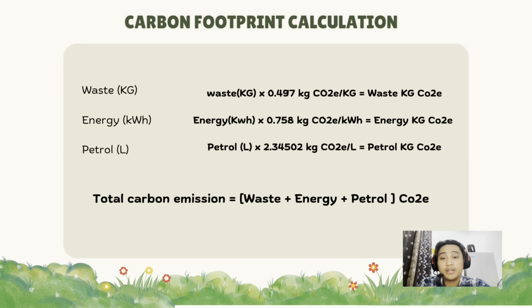This is the carbon footprint calculation. There are three parameters of carbon footprint here. The first one is waste in kg, energy in kilowatt hour, and petrol in liter. We calculate from the raw data: waste in kg is multiplied by 0.497 carbon emissions, energy in kilowatt hour is multiplied by 0.758, and petrol in liter is multiplied by 2.345.